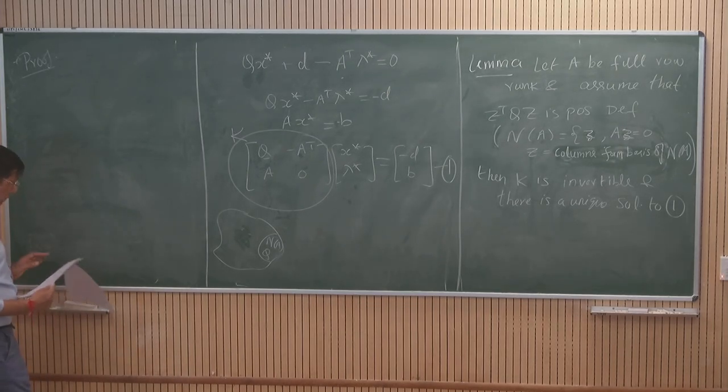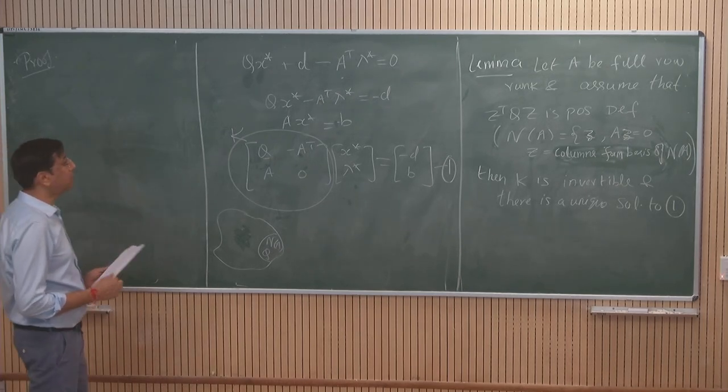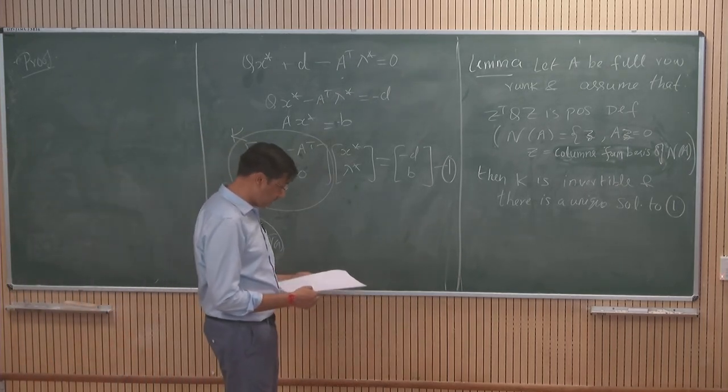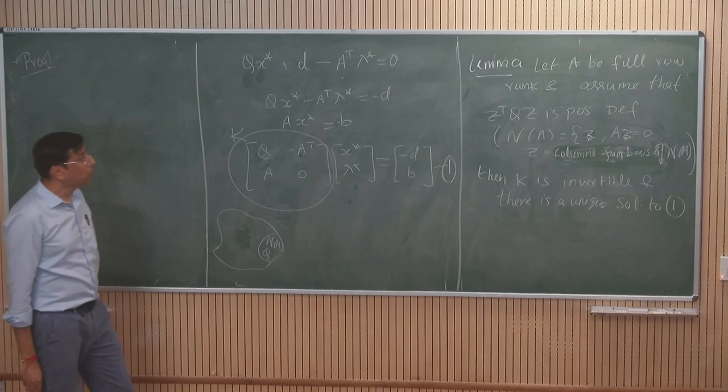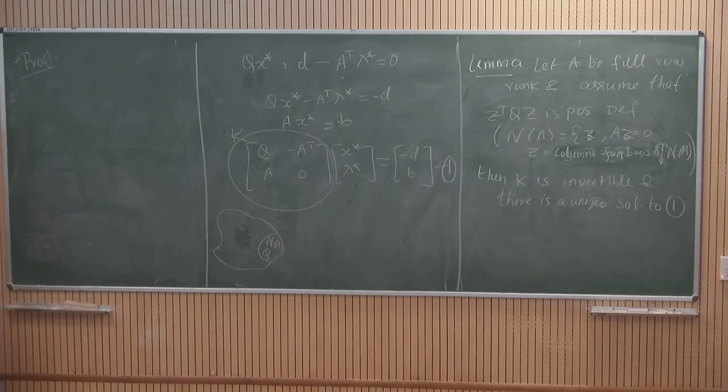Okay. So how will we prove that something is non-singular? What are the characterizations of proving something is non-singular? First is determinant is not equal to 0. No 0 eigenvalue. What is another characterization? If we say for a matrix A, Ax equal to 0 has a unique solution, x is equal to 0. That's also one of the characterizations of an invertible or non-singular matrix. Okay.